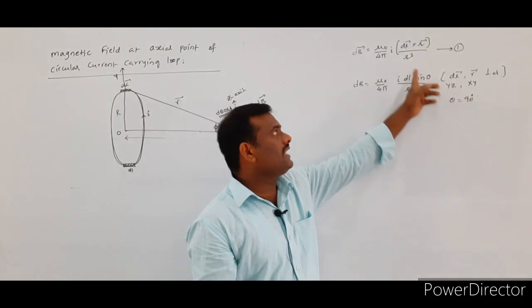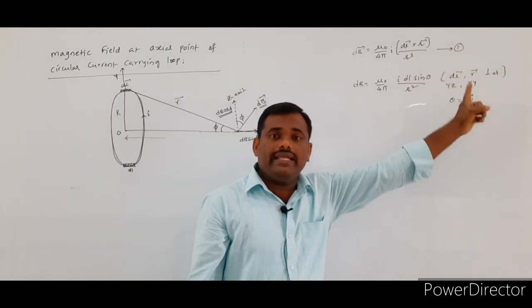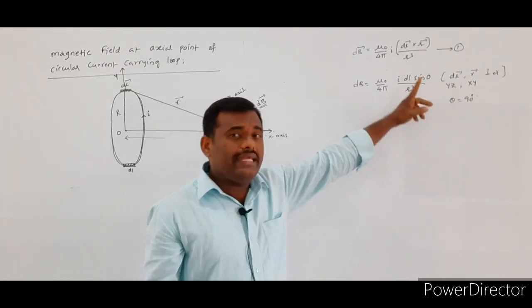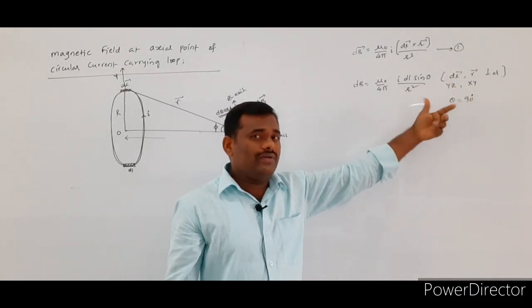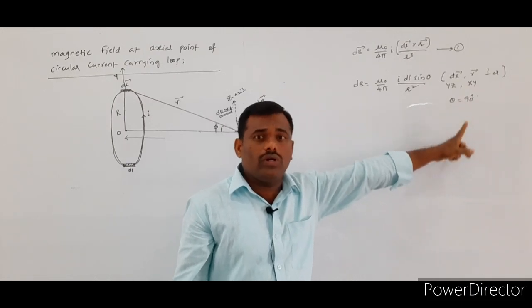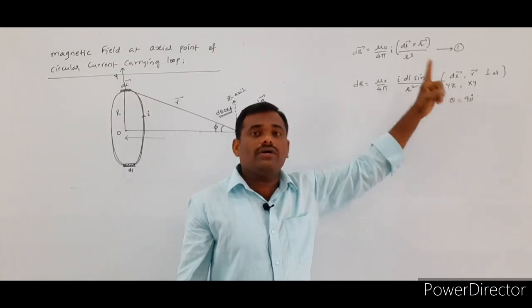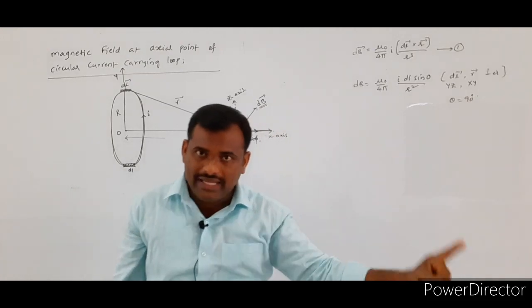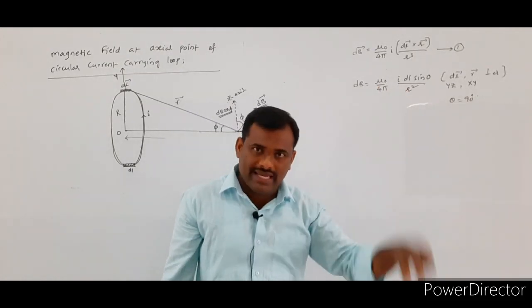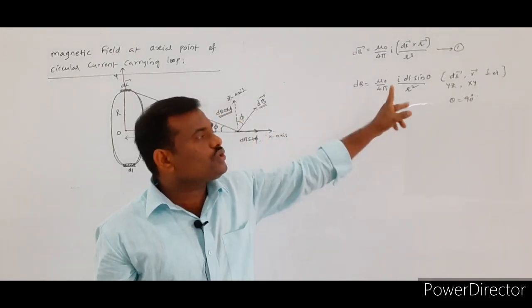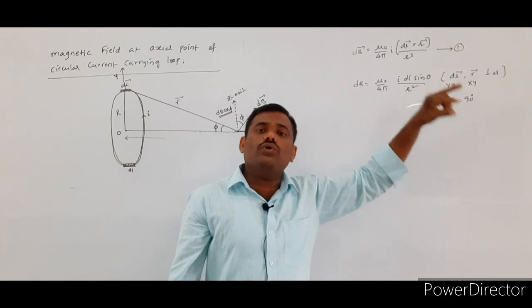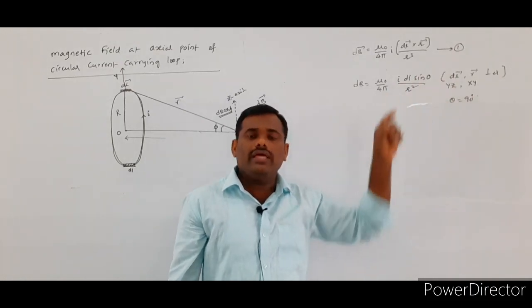Here theta is indicating what? The angle between the dl bar as well as r bar. Once again, most of the people will be getting confused here. Why is theta equal to 90? dl bar was present in the yz plane, and the position vector r bar will be placed in the xy plane, and moreover those two planes are perpendicular to each other, hence those two vectors are also perpendicular to each other.